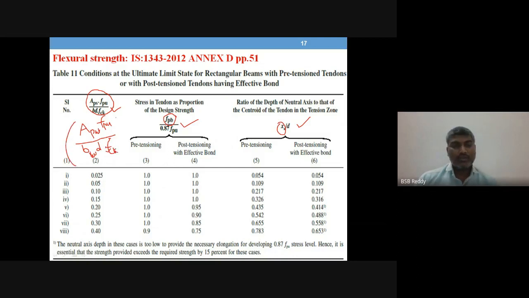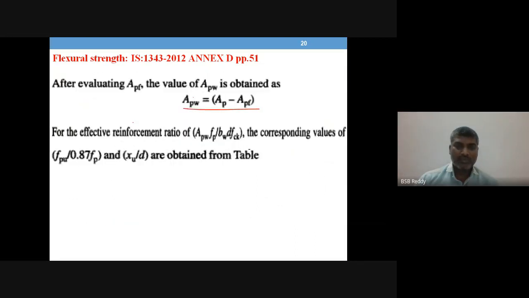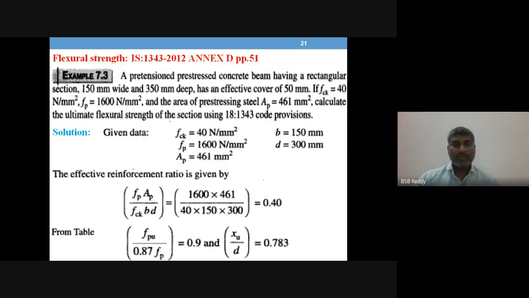So in the formula, instead of APS, we will use APW. This is only for the case of flanged sections with the neutral axis falling outside the flange. That is how we use these formulas and we get the FPB value and XU value to read from table 11. Now let us see an example.